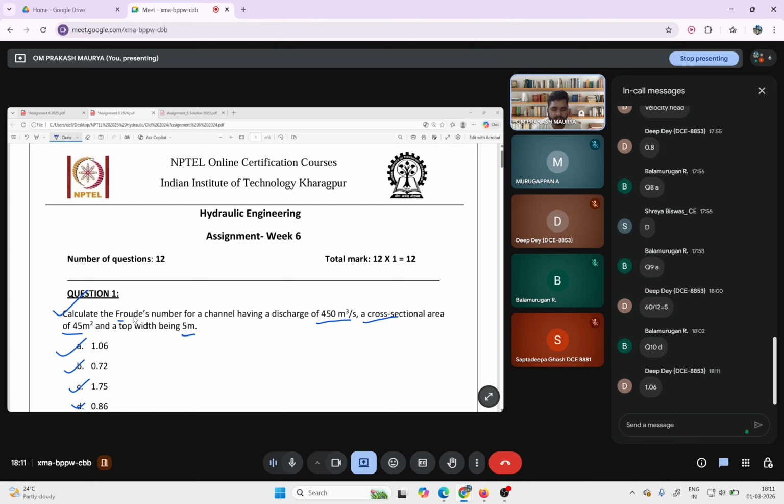1.06, Deep is telling. Okay, option A, it means option A you are telling. Other students, please also try to write your answer. Try to first solve, then write your answer. I have already told you, even Bala is also telling A option. So the Froude number in terms of discharge, you can very easily calculate.